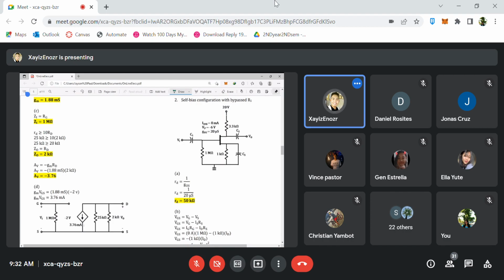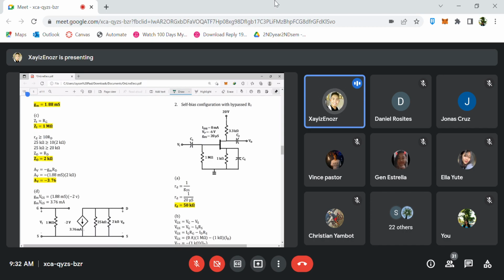So that is 25 kilo ohms greater than or equal to 10 times ng RD, which is 2 kilo ohms. So we have here, since na-prove natin na yung rd is greater than 10 times the drain resistance, so we can just simply put na yung ating output impedance is just equal to the drain resistance, which is 2 kilo ohms. So try natin.